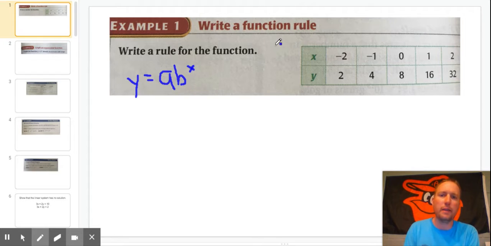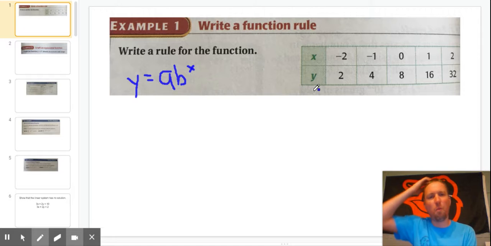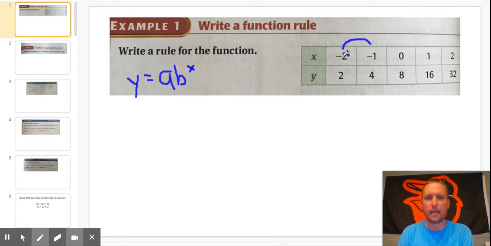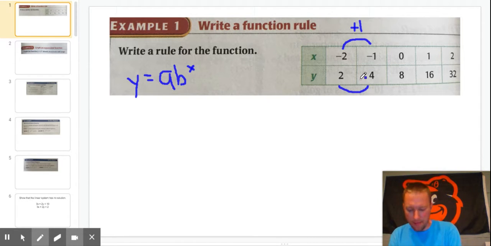So what we have here is it says write the rule for the function. We have x and we have y, and we're looking at how these increase. It looks like here, -2 to -1 goes up by 1, plus 1. 2 becoming a 4, that looks like you would do that by multiplying by 2.